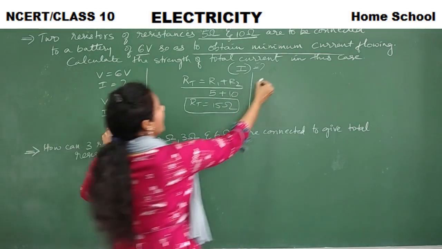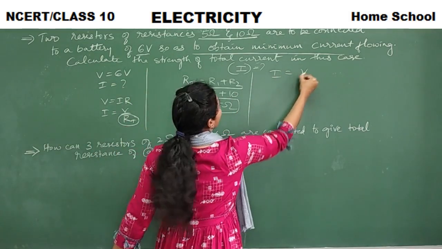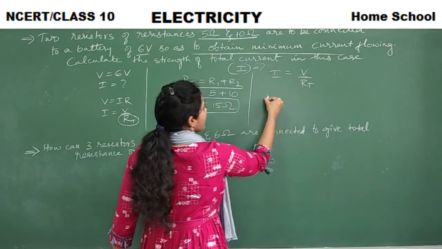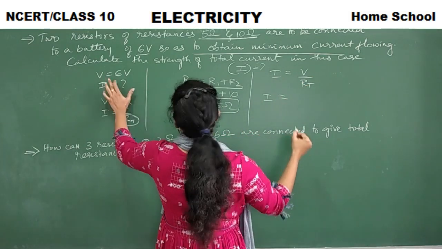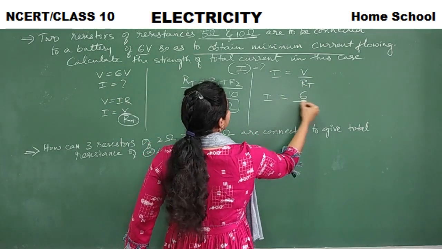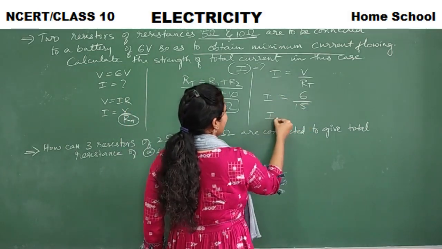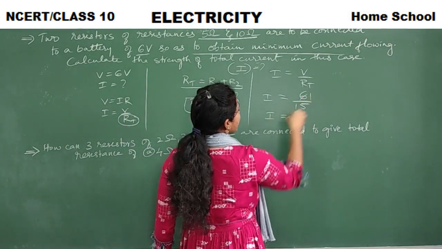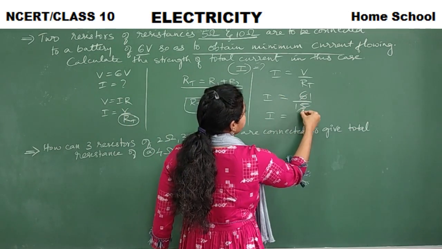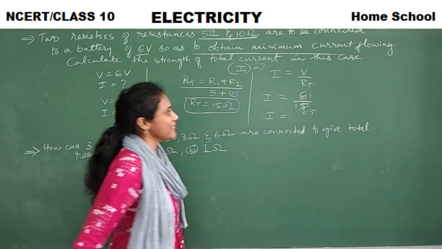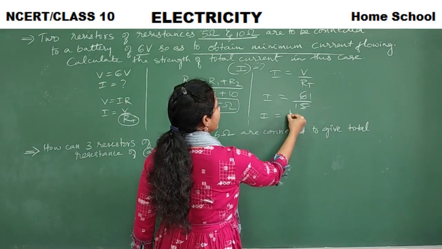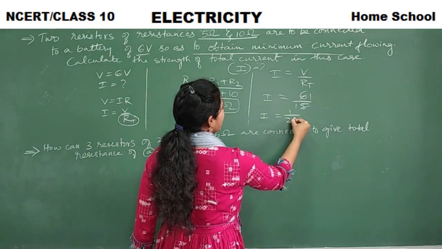Now put the formula. I is equal to V by RT. So I is equal to, what is V here? 6 divided by 15. So how much is your answer? I is equal to 2.5, isn't it? So I is equal to 1 by 2.5.